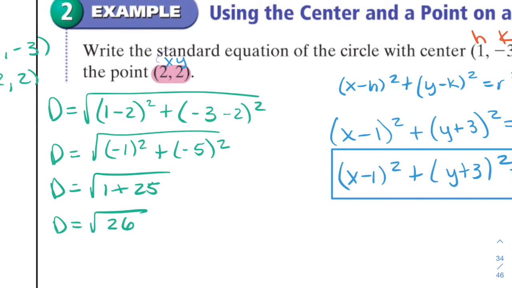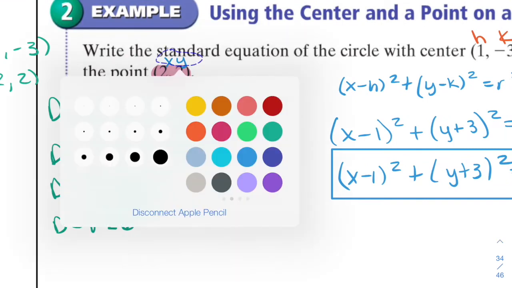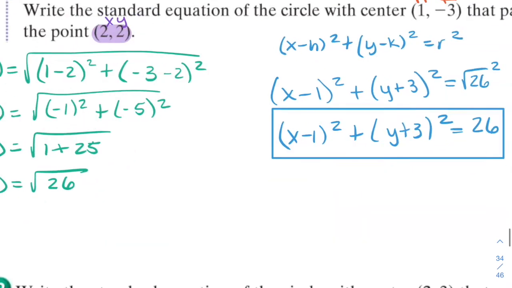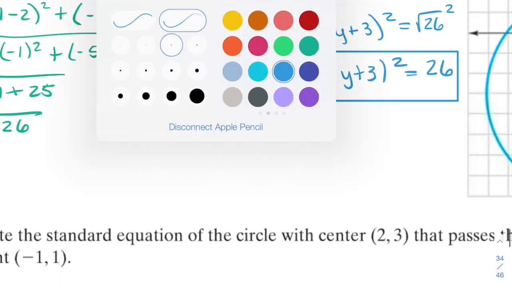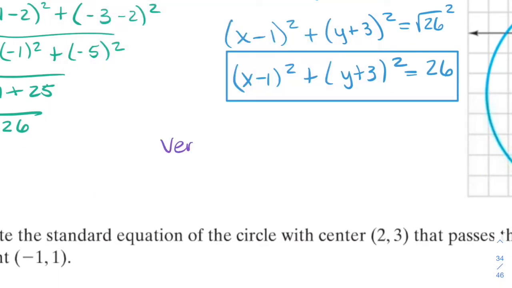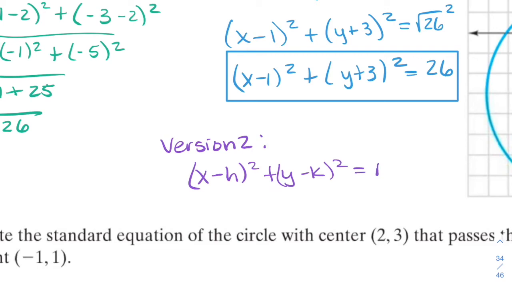here, let me change the color of this, just so that you don't mix up the two. If you knew x and y, here's version 2. Here's what I can do for version 2. So they were like, if I just do x minus h squared plus y minus k squared, I'll get r squared.